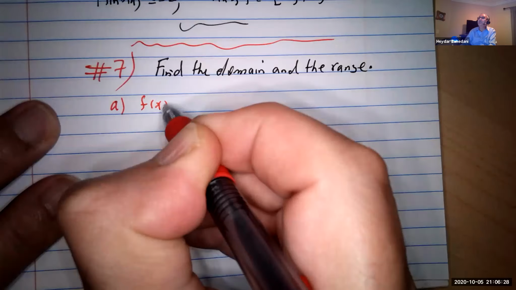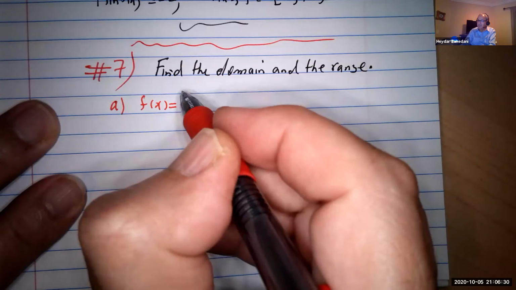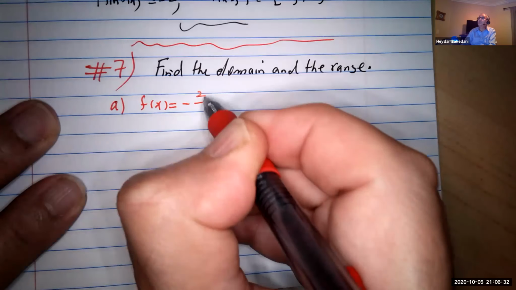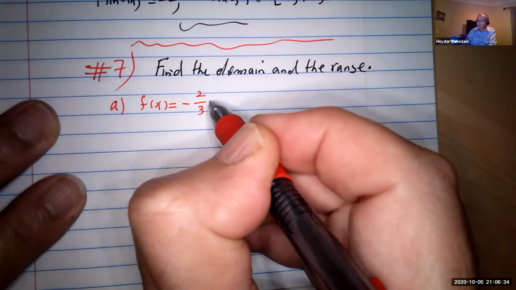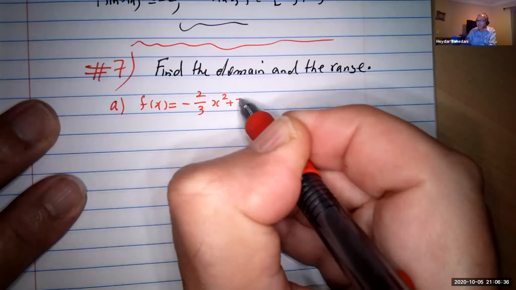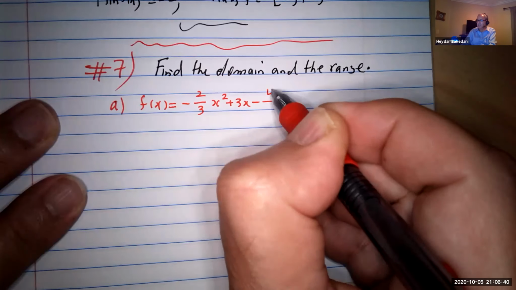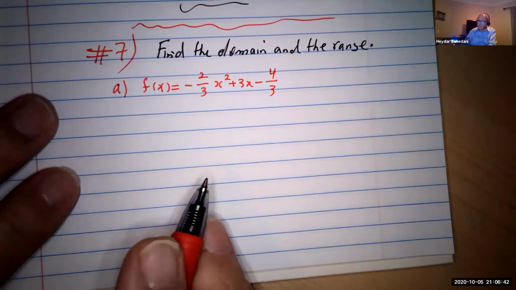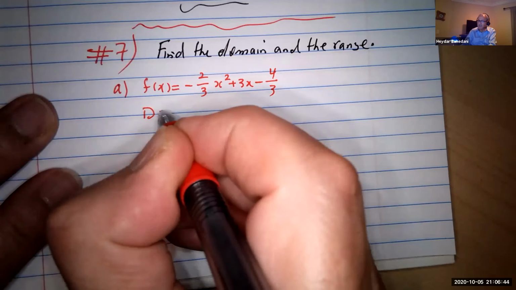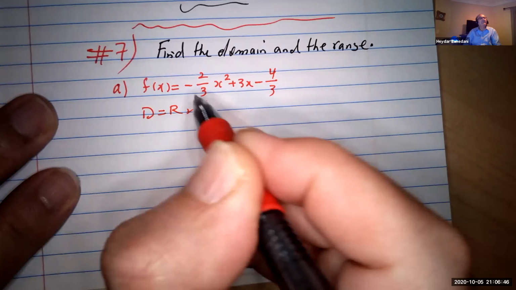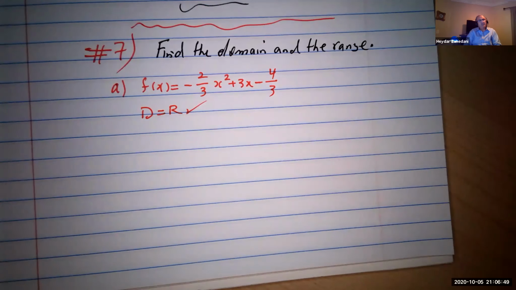They always give you kind of a fractional one. Like this one, it's -2/3 x squared plus 3x minus 4/3, because you don't want to graph it. You see, the domain is clear. Don't miss the domain. Domain is R. To find the range, you need to find the max or the minimum, to find out whether you go up or down.